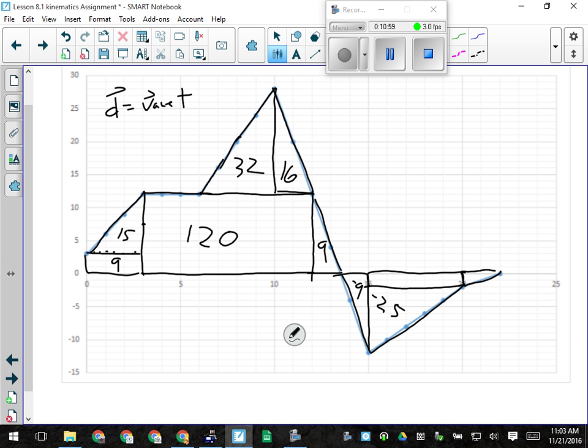Then I've got this triangle here that's 5 by 2. So it's negative 10. And then I've got this small triangle that is 2 high by 2 wide. So it's negative 2. All right, so if I add up all of those, keeping my negatives negative because it's wanting total displacement, I should get the answer that I have in there.